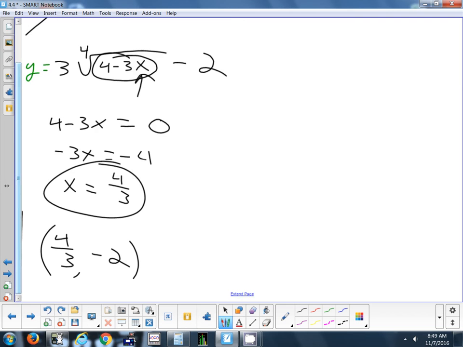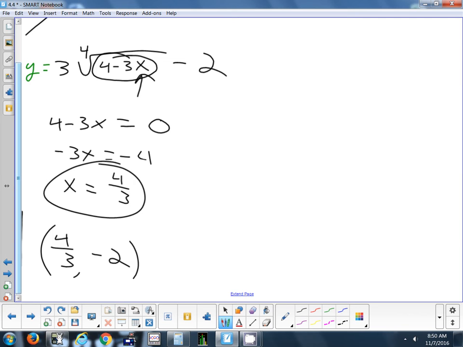All right, let's just try a huge number. Let's try 20. Okay, that's much bigger than 4/3. If you plug 20 in for x, what's 3 times 20? And what's 4 minus 60? That's a negative 56. So when you plug in numbers bigger than 4/3, you end up with negatives under the root. So we have to try numbers that are smaller.